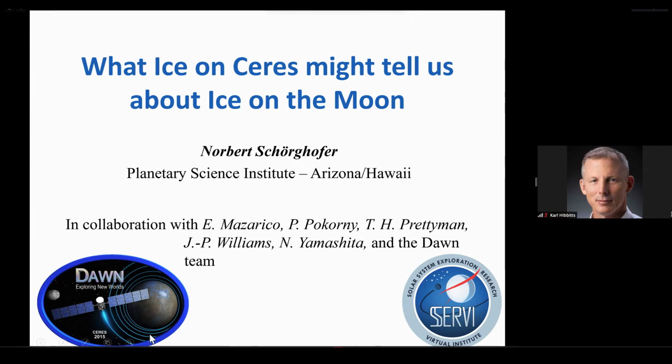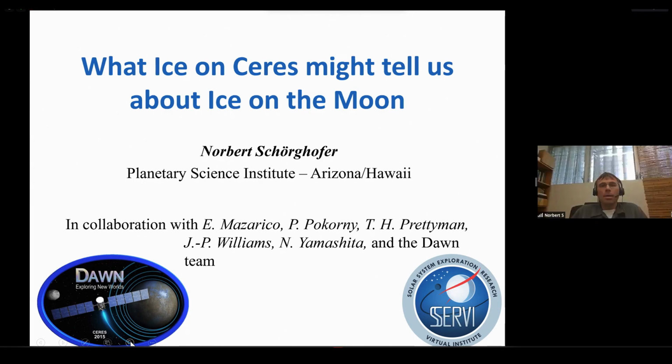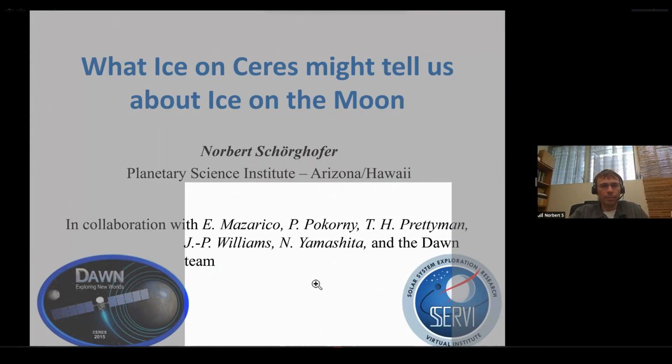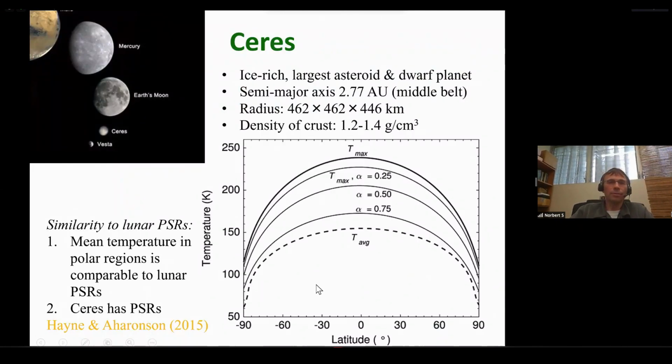Yes. Okay. So Ceres is, of course, the largest of the asteroids, and it's also a dwarf planet. It's still much smaller than the Moon and Mercury, but it has several closely related properties.